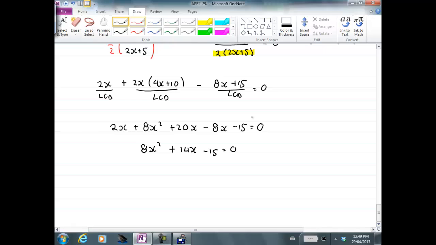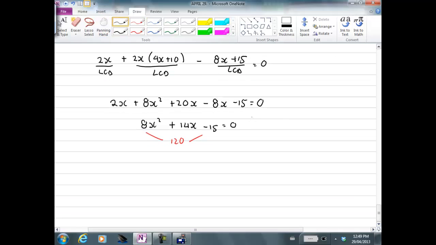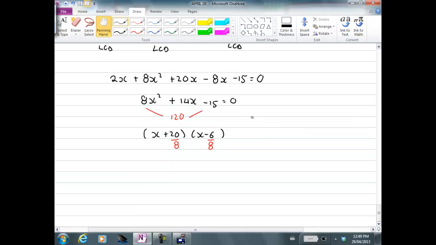See this, I can factor, because I realize that's 120. And so that'll be x plus 20, x minus 6. Be careful, you've got to divide this by 8 if you're using the Asian method. If you didn't do this method and you use the quadratic formula, it works, but it's just more work in the end for you.